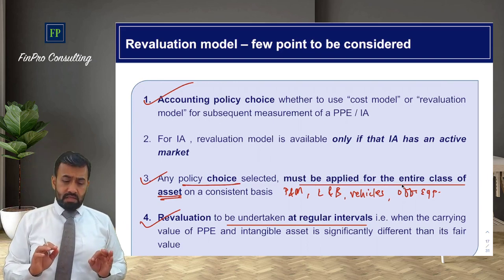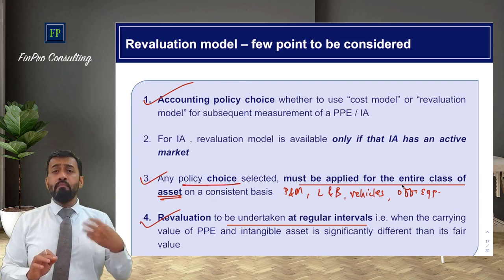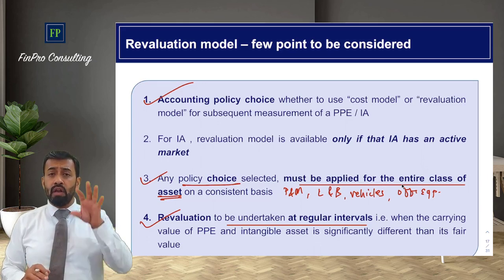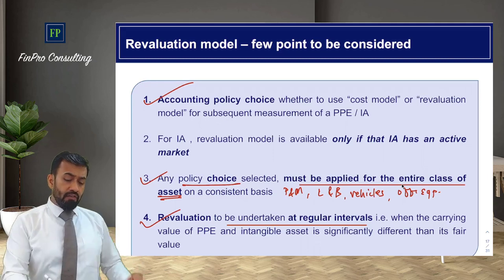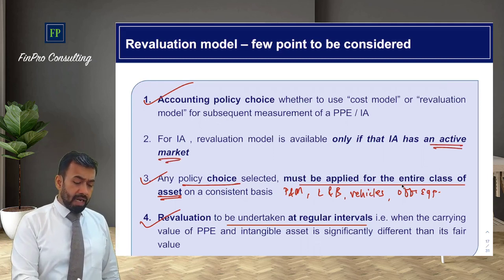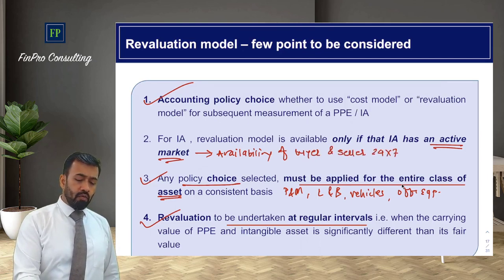Intangible assets can be measured under revaluation model if and only if that has an active market. Active market is availability of buyer and seller 24/7.